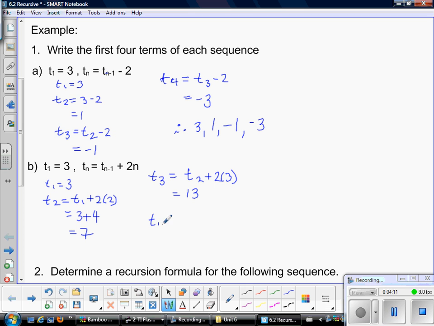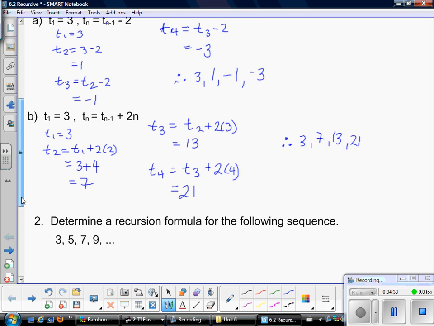T4 needs t3 plus 2 times 4, so 8 plus 13 is 21. Therefore, the first 4 terms of this one are 3, 7, 13, and 21.